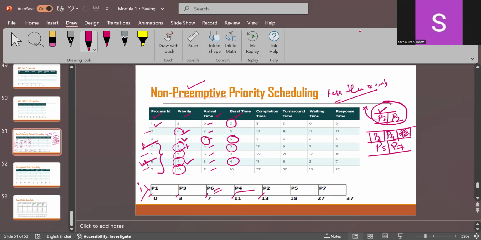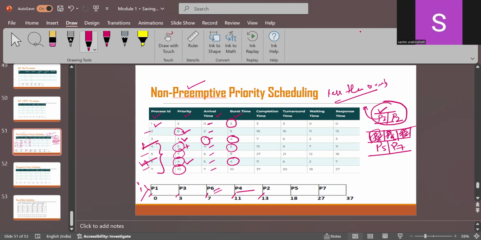So this is how the Gantt chart has been drawn. Once P4 has completed its execution, the remaining are P2, P5 and P7. P2 has 6, P5 has 7 and P7 has 10.